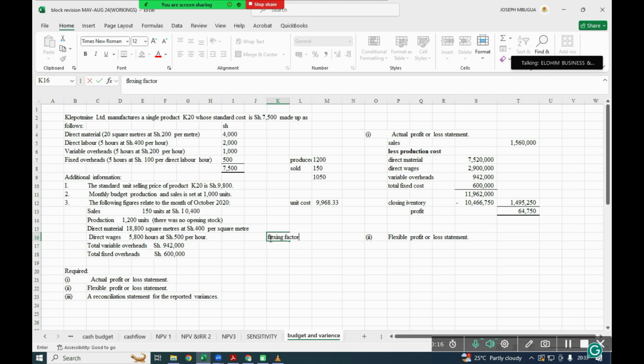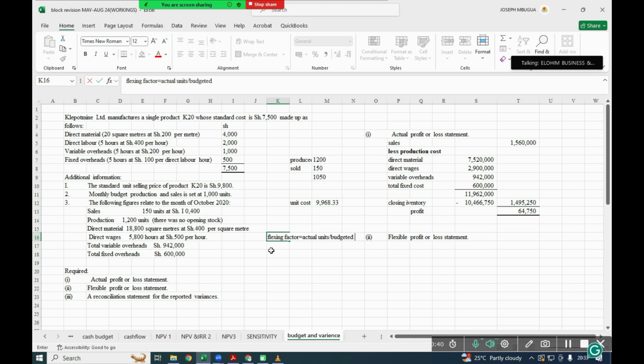The flexing factor, we said, is actual units divided by budgeted units, the actual units that were sold divided by the budgeted units, so that you can now flex the original budget.